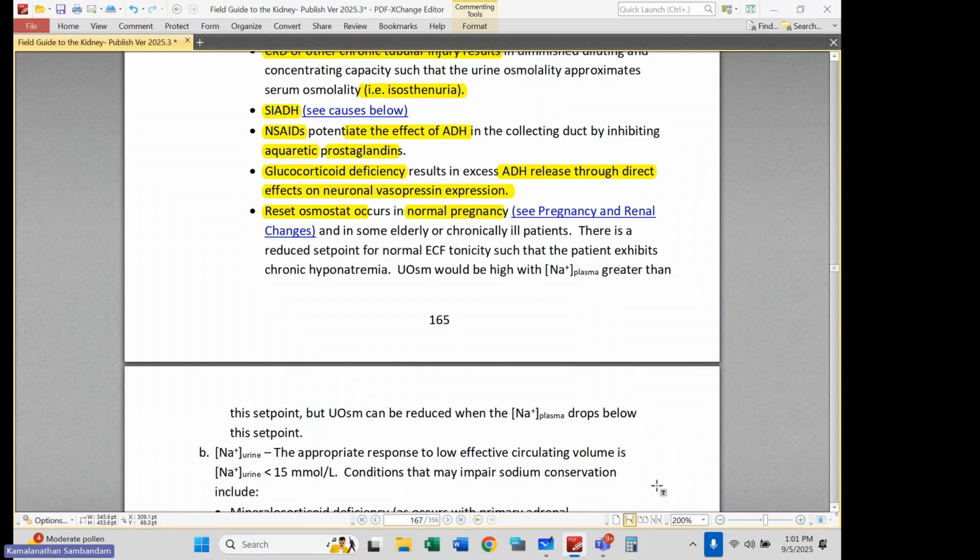You might have a set point of 140. I just have a different set point, right? At 130, that's my threshold of either concentrating or diluting. Often elderly, chronically ill, underweight patients can manifest this reset osmostat physiology as well.